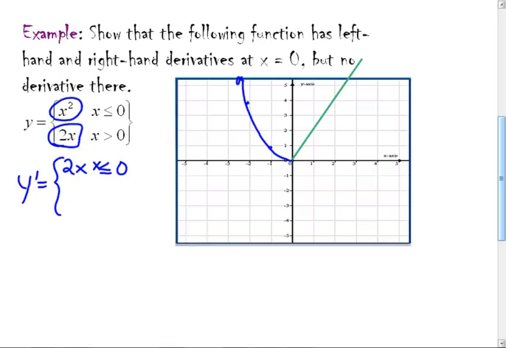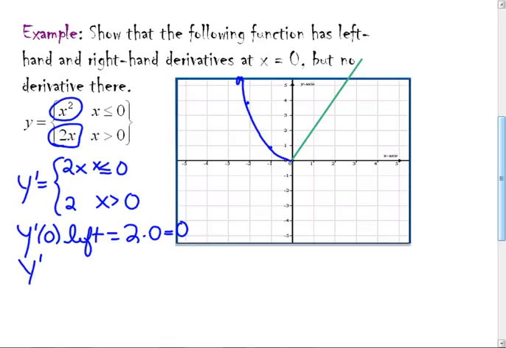What's the slope of 2x? 2 for x greater than 0. So what is y prime of 0 from the left side? It's 2 times what? From the left side of 0. So it's 2 times 0, which is 0, right? This is at 0.